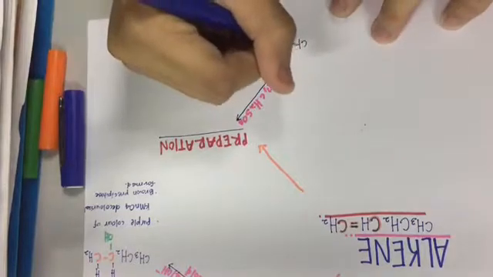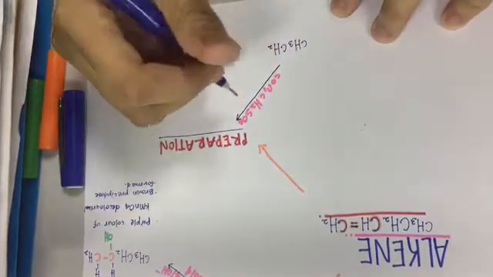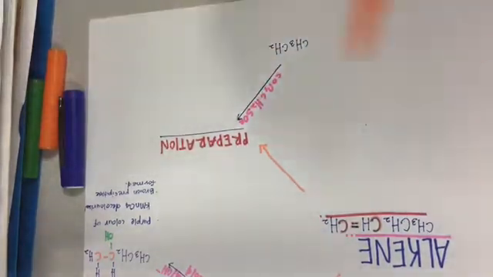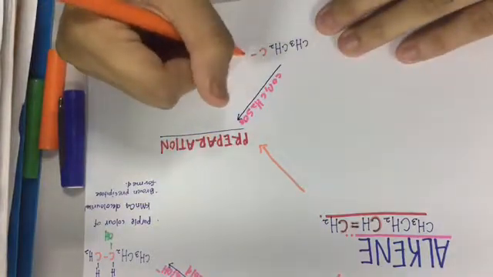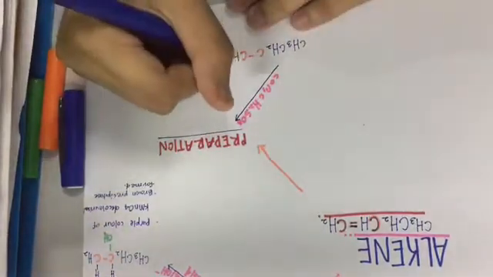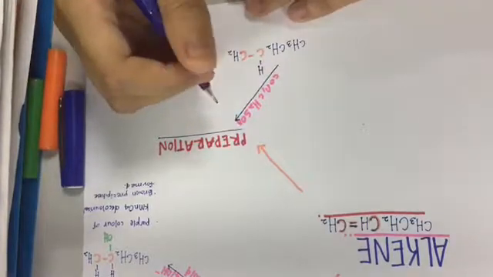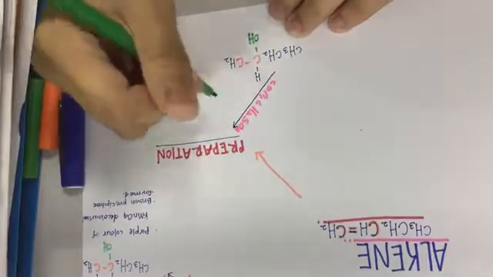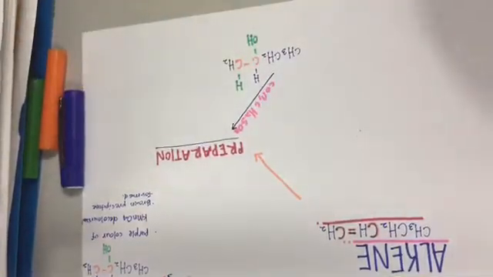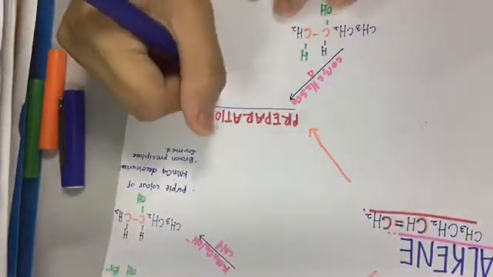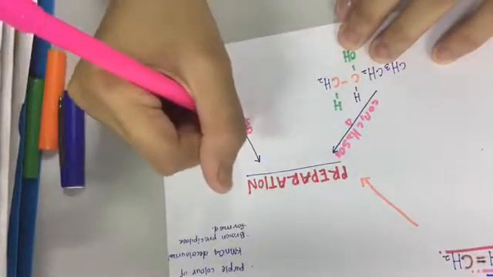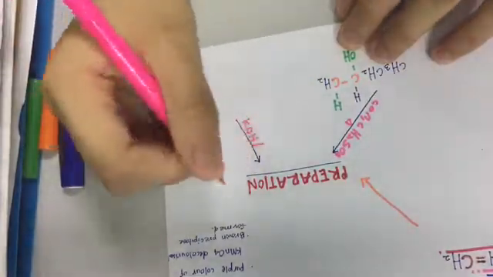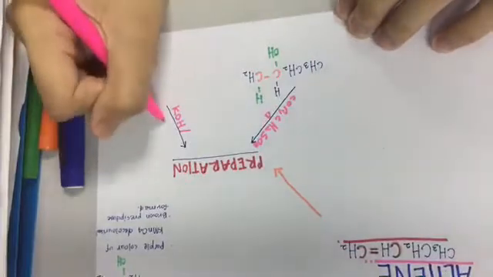The first reaction is with H2SO4 in hot condition. The second reaction is KOH and alcohol in reflux condition.